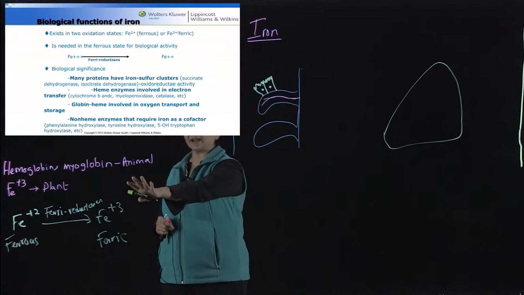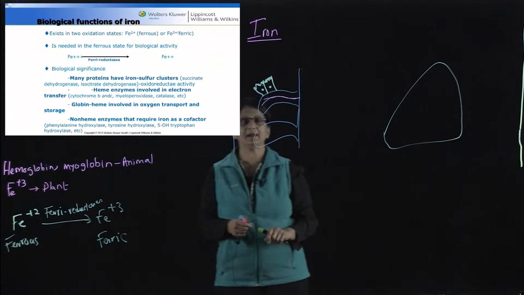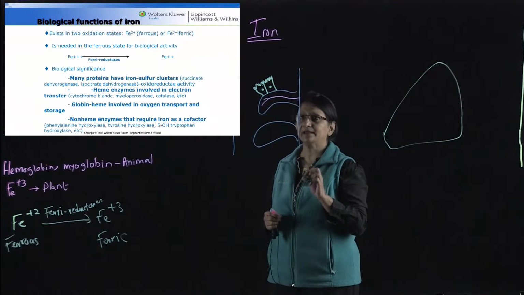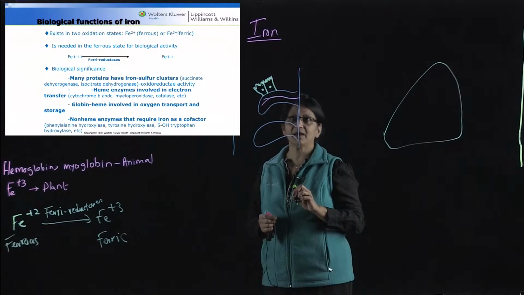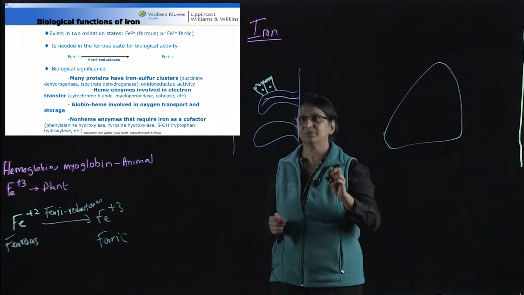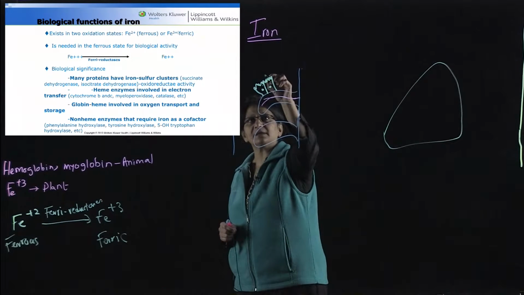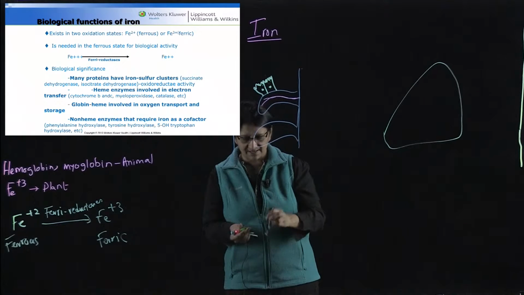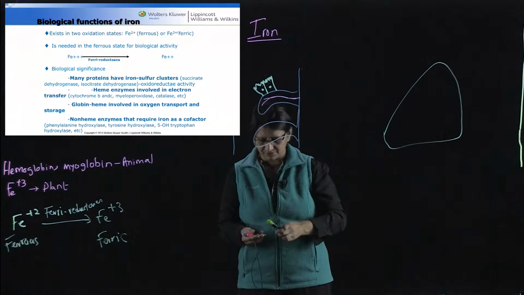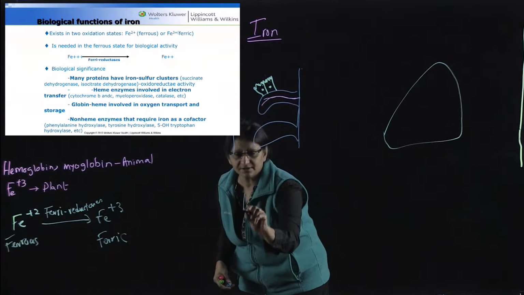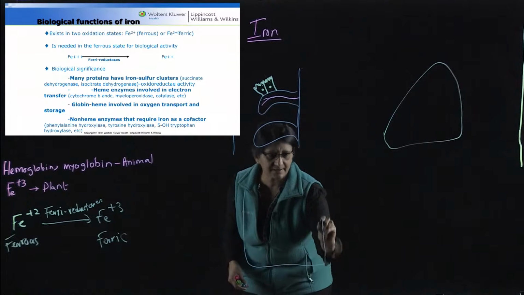So after keeping that in your mind, when we consume the food and the iron is in the form of Fe3+, the iron in the Fe3+ form cannot really cross the intestinal membrane. So here is the enterocyte.